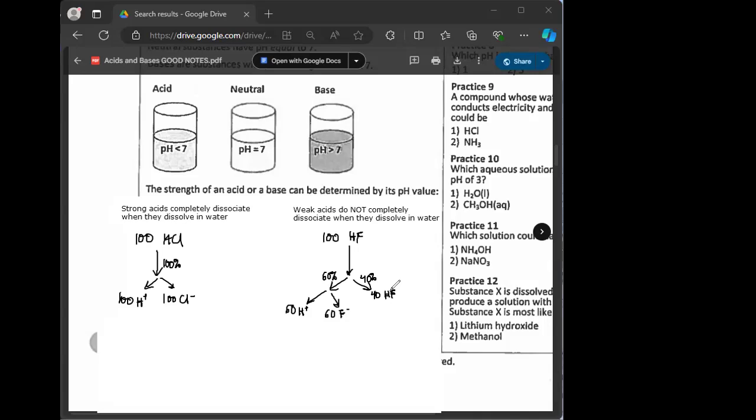They actually stay together. So that's the whole point: they don't completely split. Some of them stay together.